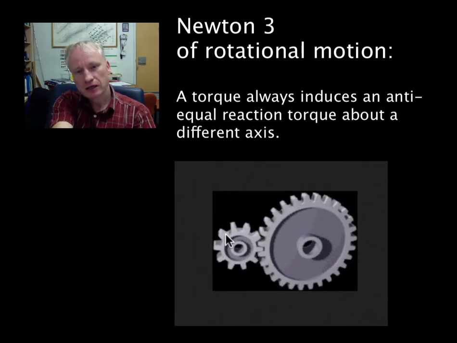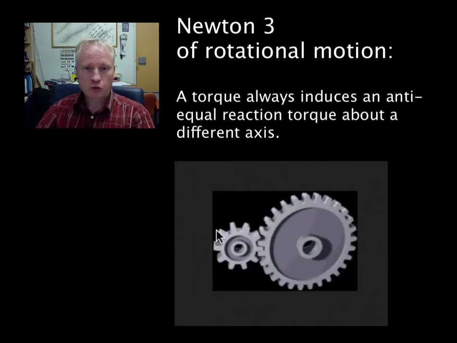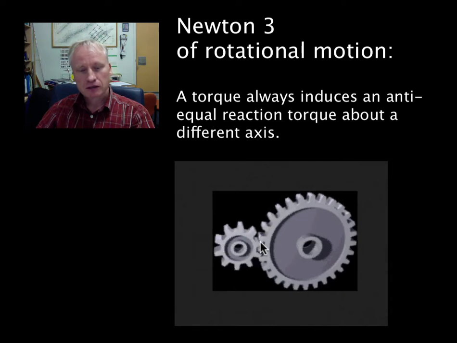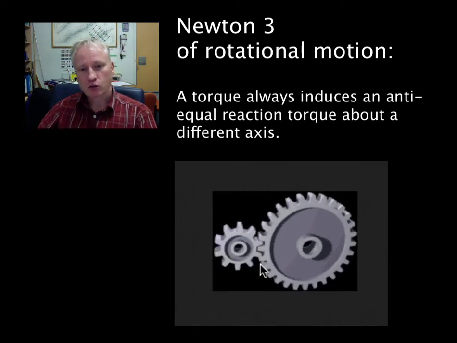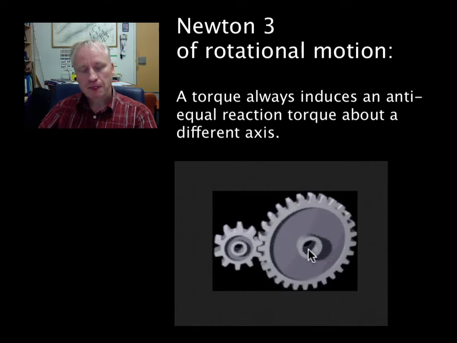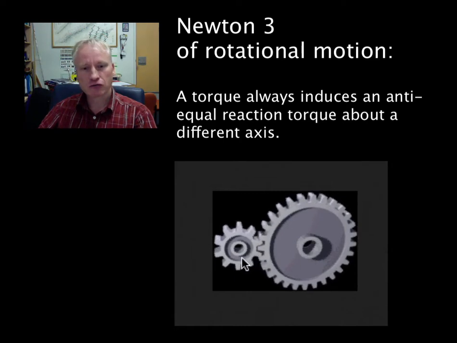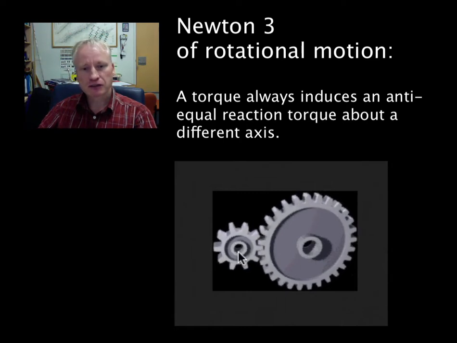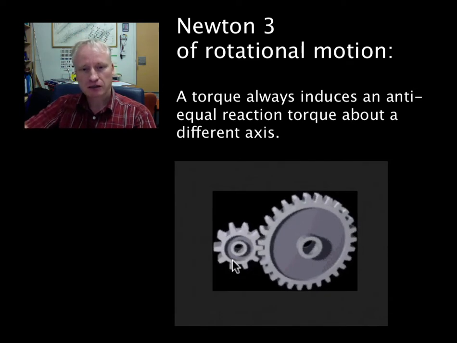So the right-handed motion of the cogwheel is similar to a right-handed torque about this axis. So we have a left-handed torque about this axis, which is the action torque, and that induces a reaction torque about this axis on the left, which is in a right-handed sense.